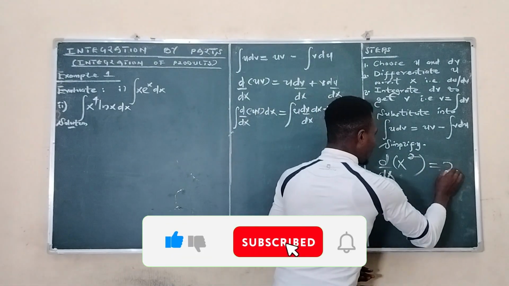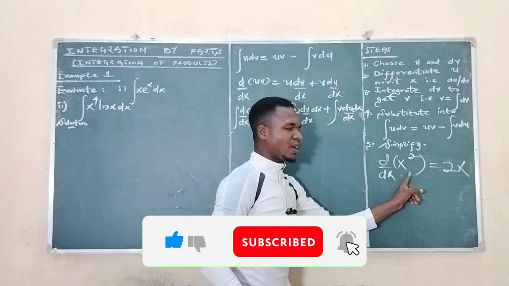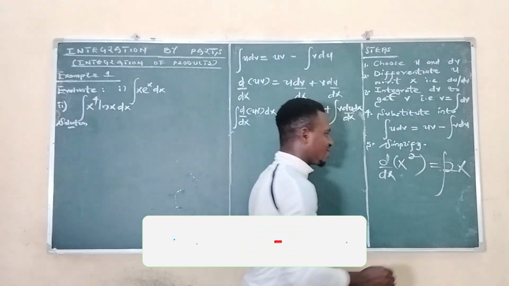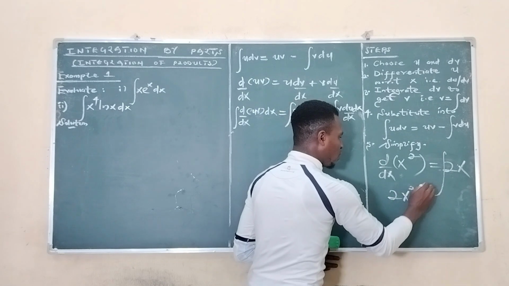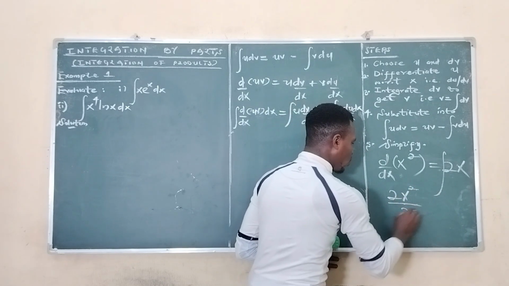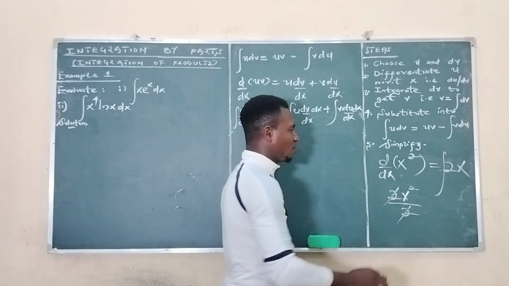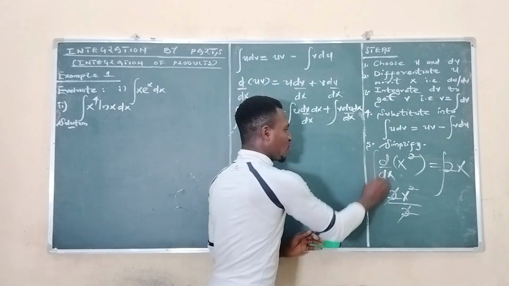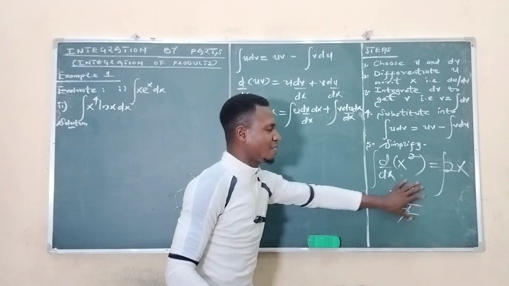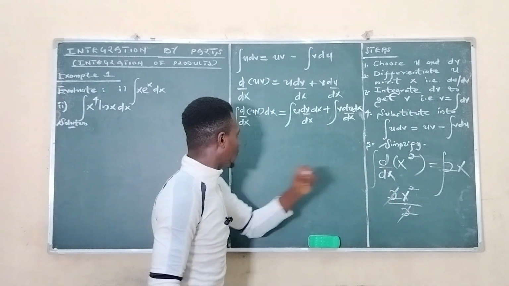We get 2x. How do we get back x squared? It is when we integrate it. When we integrate 2x, we should have 2x raised to the power of 2 all over 2, so that this cancels out this and we get back the original function. So when we integrate a certain derivative, we get back the original function.